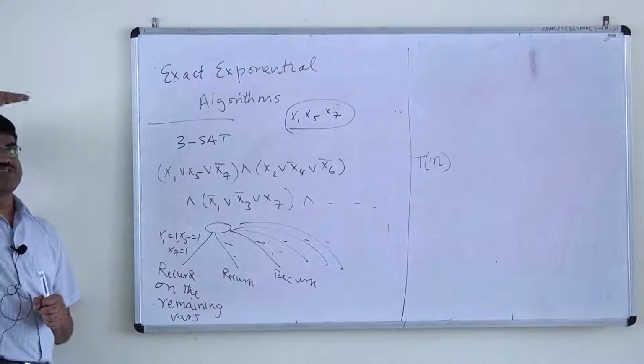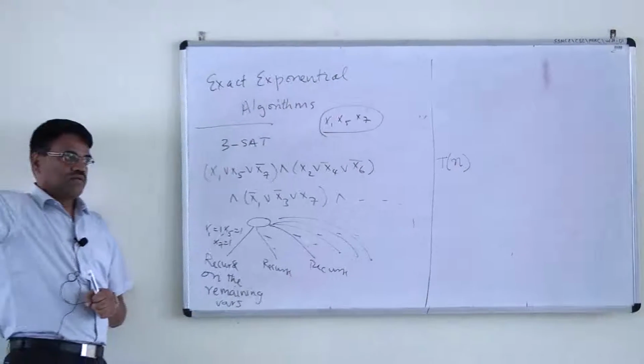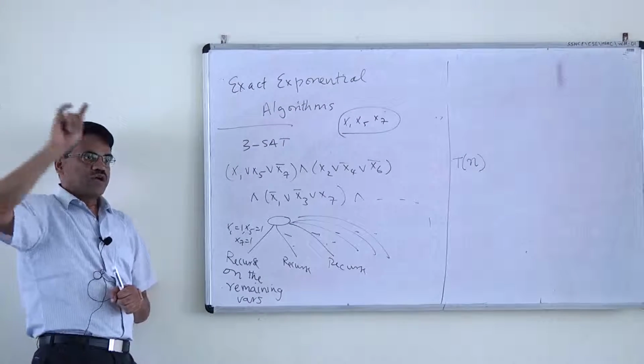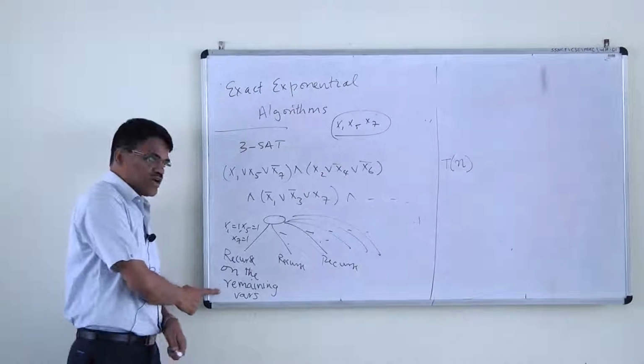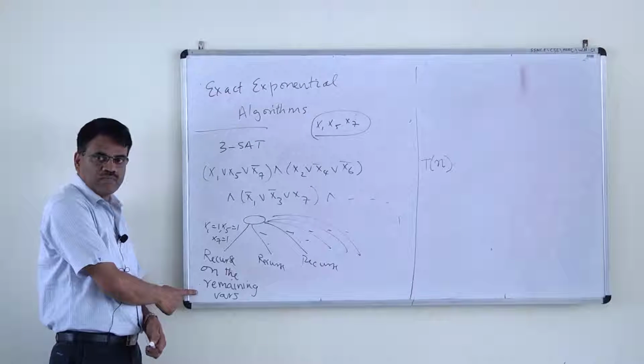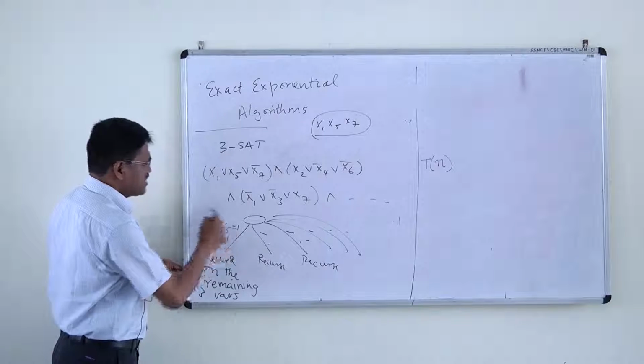Because it's sort of a 7-step algorithm. Try this assignment and recurse. And if you are happy, stop. If not, try this next assignment, recurse. Now, how many variables are you recursing on here? N minus 3, exactly, because you have set these 3 variables.